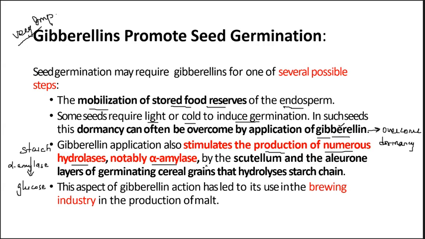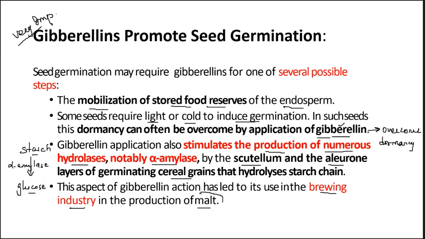So it helps in the production of alpha amylase by the scutellum and the aleurone layers of the germinating cereal grains. I'll discuss what the scutellum and aleurone layer are. Alpha amylase will hydrolyze the starch to glucose. Now this method is also used in the brewing industry in the production of malt.